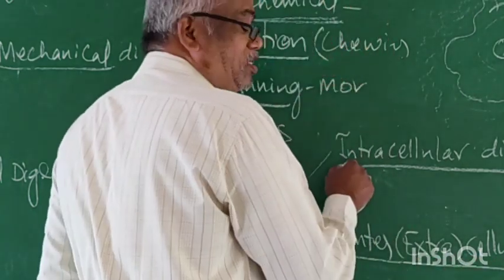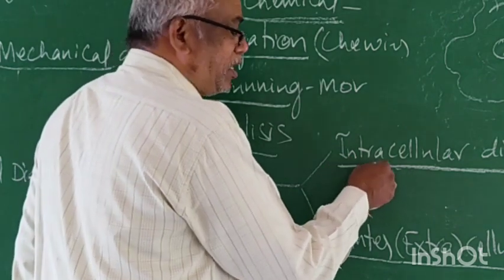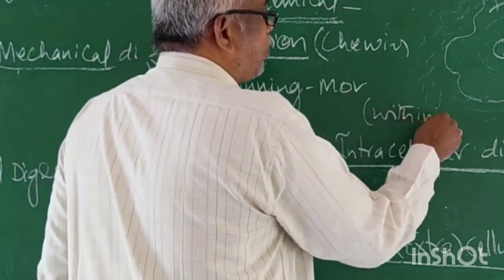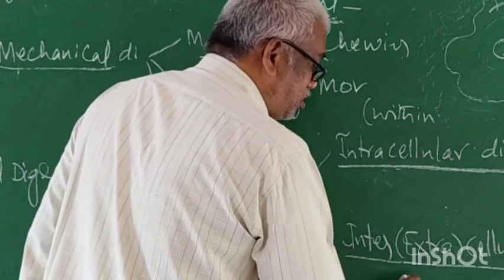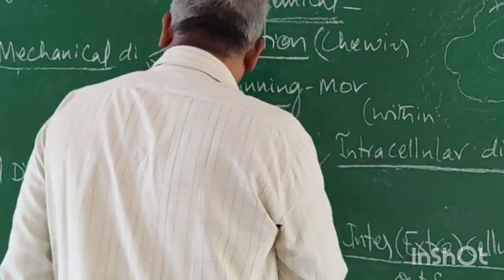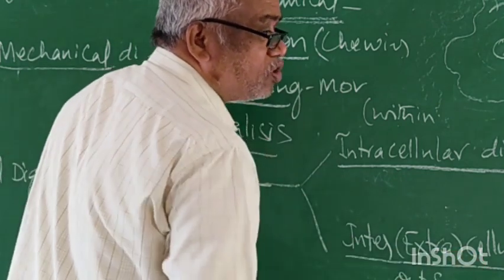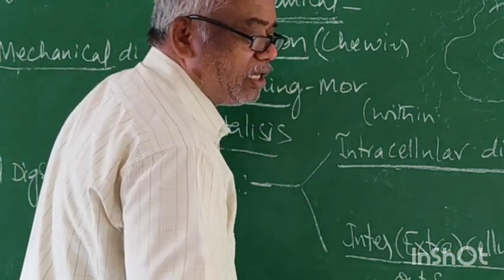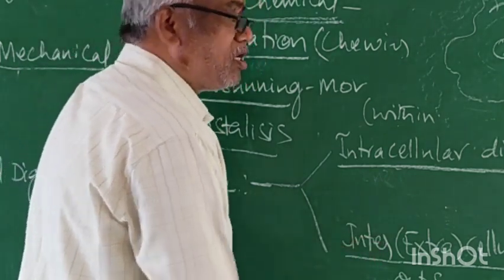Intracellular, pronounced intra, means within the cell. Ours is between the cells or outside the cell. Our chemical digestion is inter or extracellular digestion because it is in the body but outside the cell.